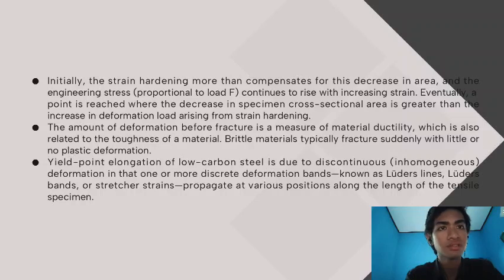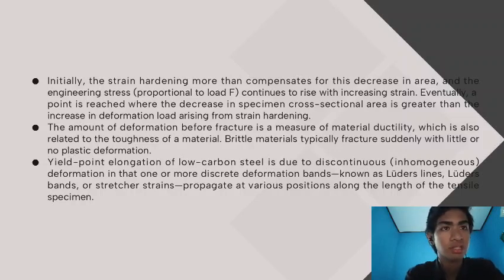Upon fracture, the elastic energy in the specimen is released and the elastic strain is recovered. The plastic strain remaining in the specimen, called the total elongation, is determined by fitting the broken pieces together and measuring the new distance between the gauge marks.